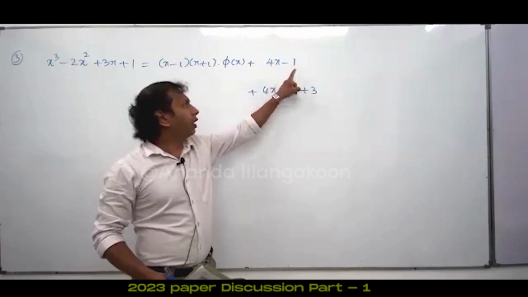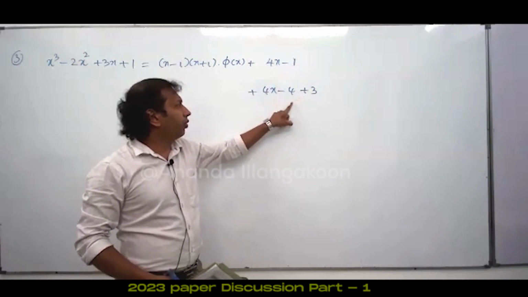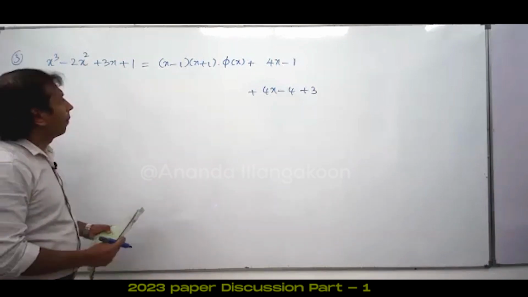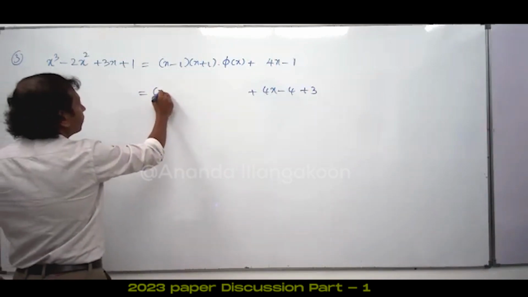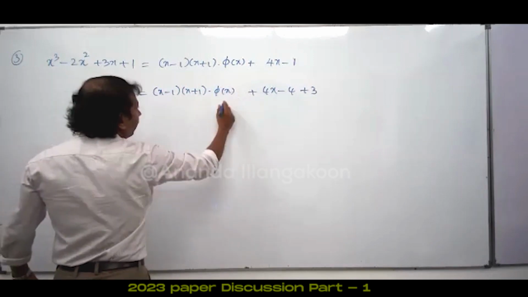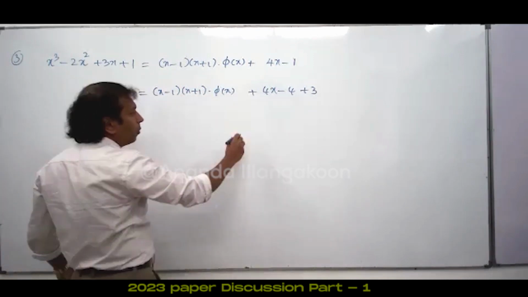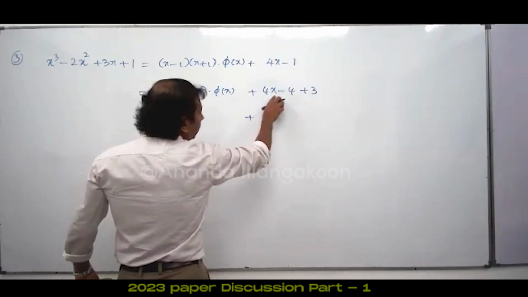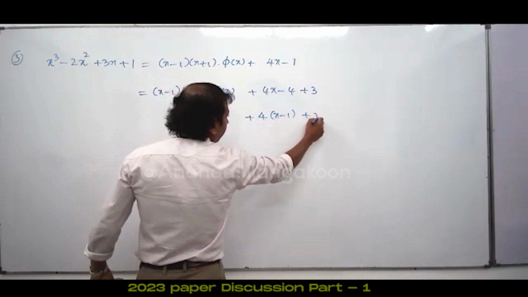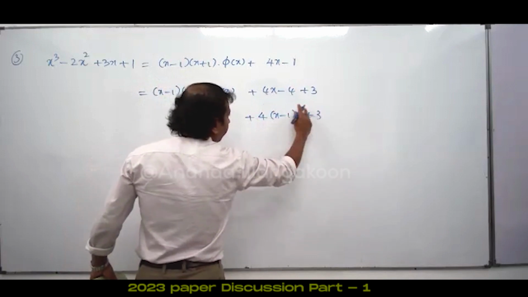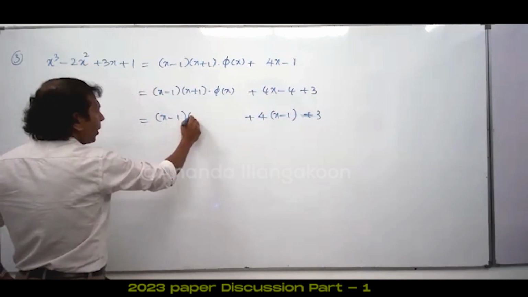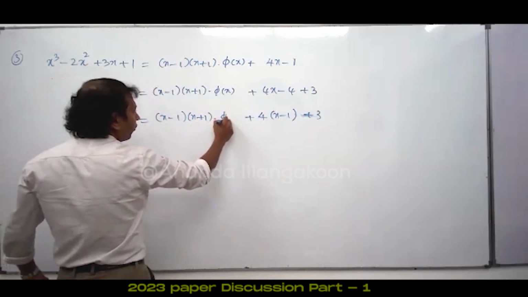This 4x minus 1 I write 4x minus 4 plus 3 because minus 4 plus 3 is minus 1. And from this term, this 4 you can take out, x minus 1 comes, plus 3. So we have (x minus 1)(x plus 1) times g(x).